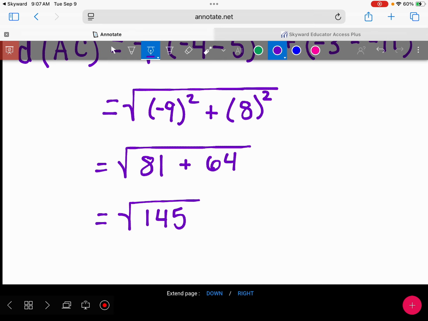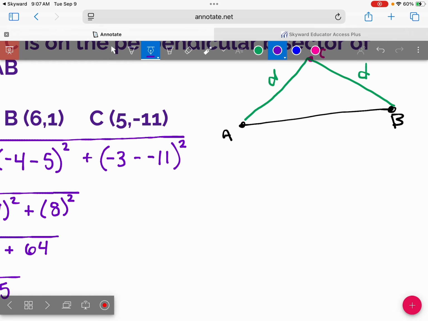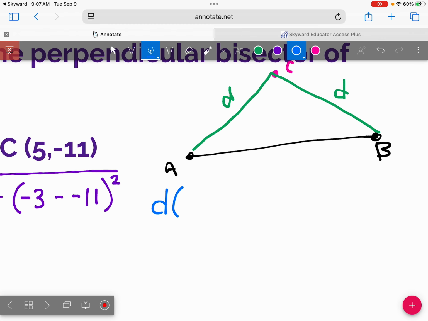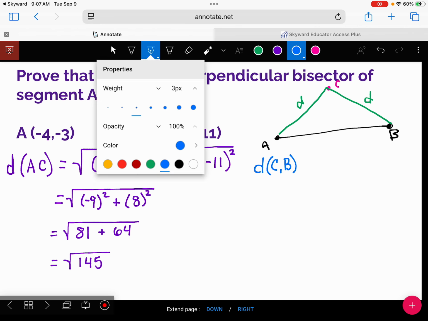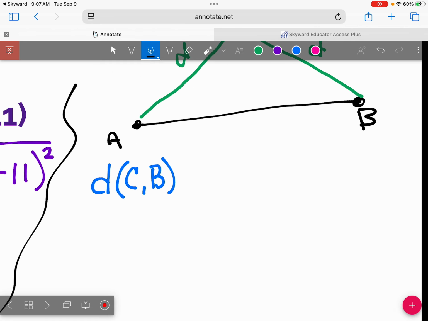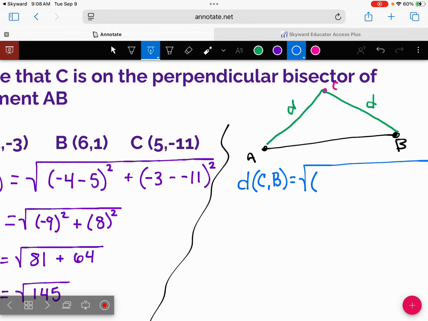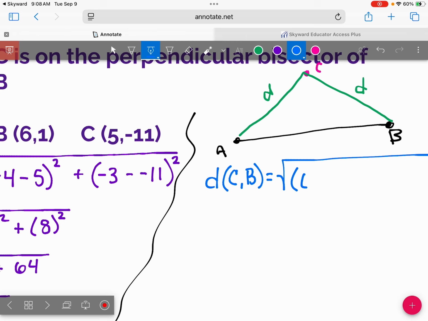Now we need to figure out this one, so we need to find the distance from C to B. We're going to have the square root of the change in our x's, so we have 6 minus 5 squared, and the change in our y's, 1 minus negative 11 squared.